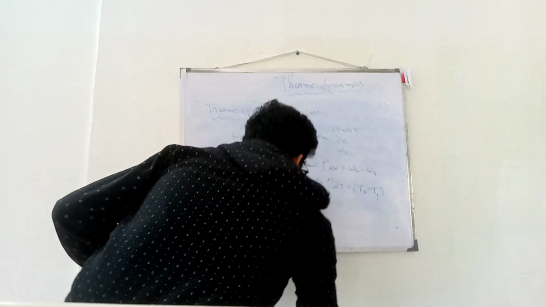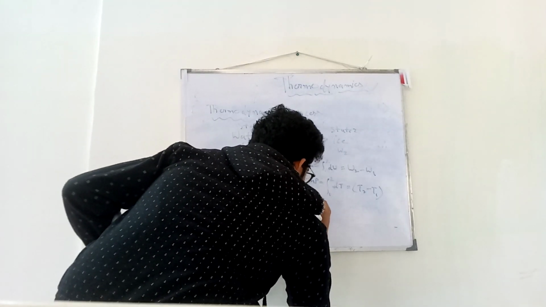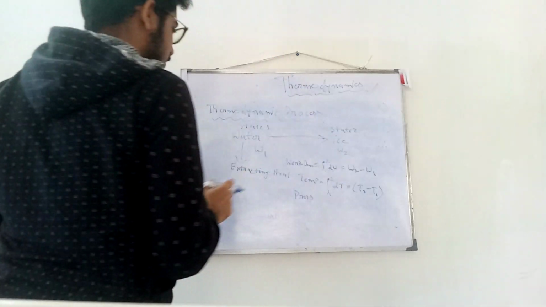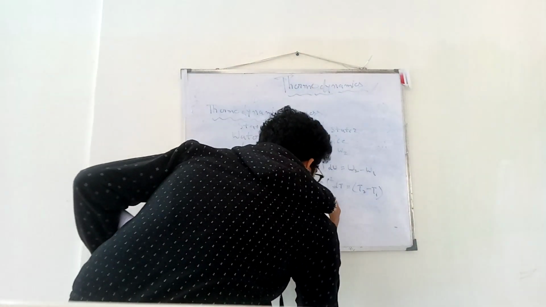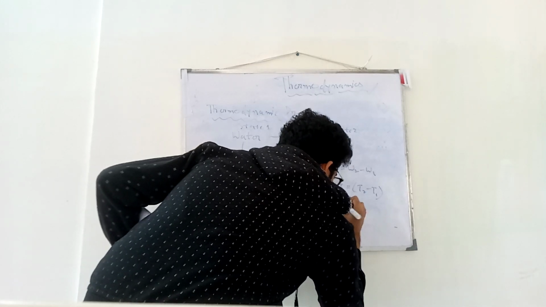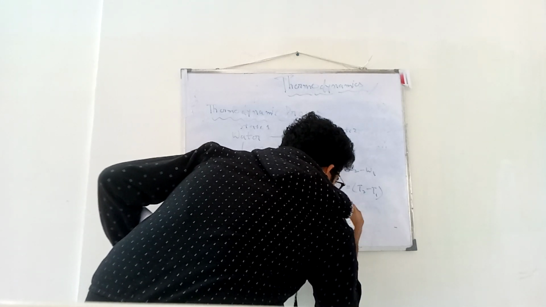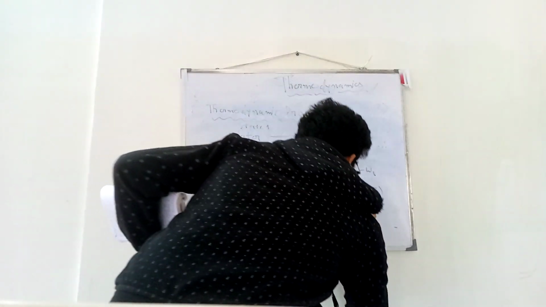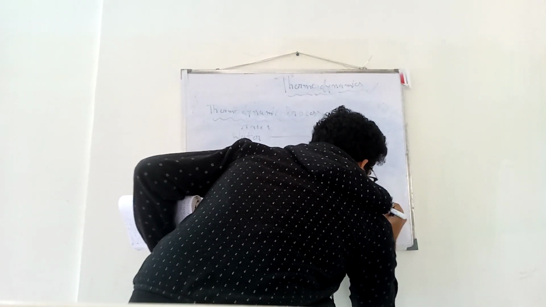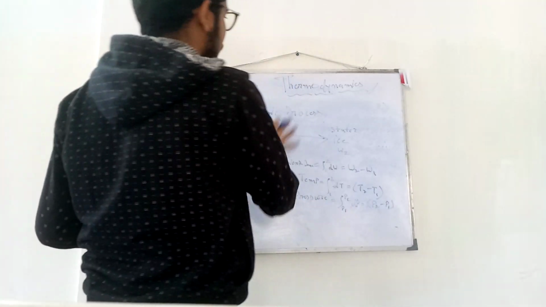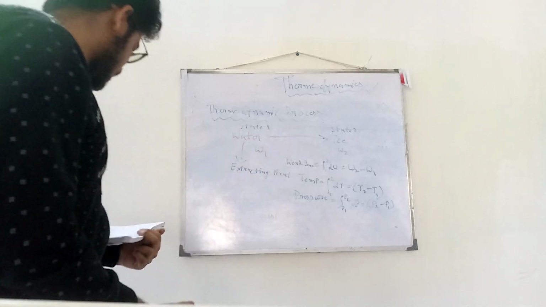And the same goes for pressure: pressure 2 minus pressure 1. The integration from initial pressure to final pressure will give the actual pressure change of this whole thermodynamic process.